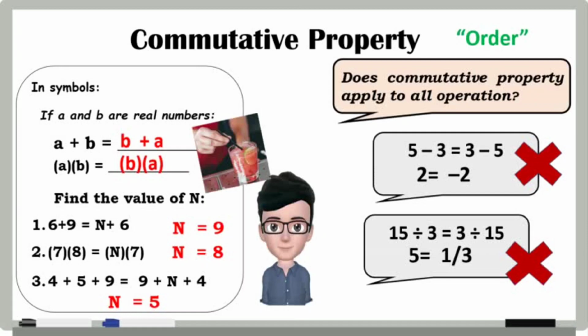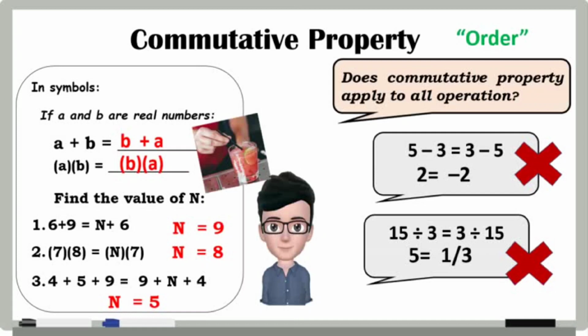Sir, nagtitimpla po ng juice. Do you think commutative property applies to that thing? Yes. Why? Kasi po, nasa sayo kung gusto mong unahin ay tubig bago ang juice o di kaya ay ang juice bago ang tubig. Okay, that's good. That is one real-life situation that shows commutative property.